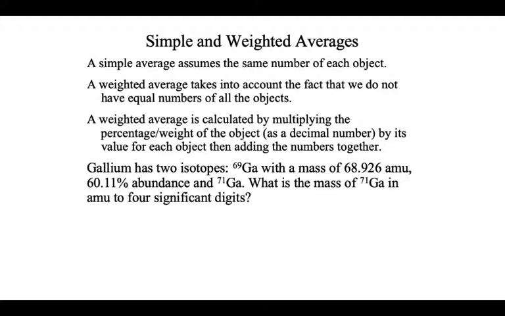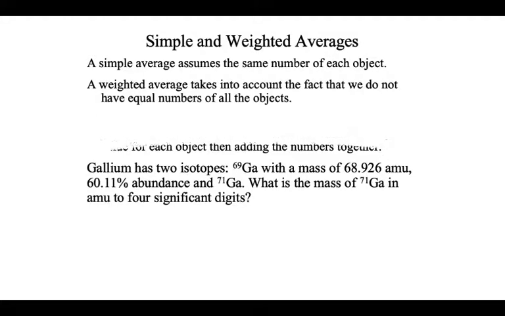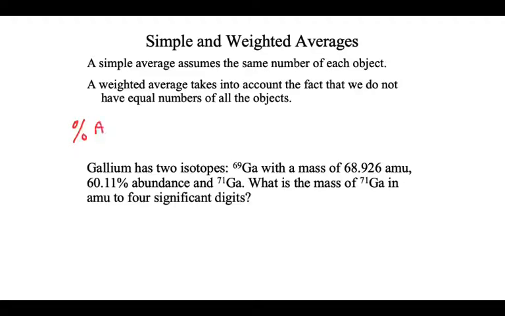Okay, so I want to rewrite that formula, because I think language can sometimes be confusing. We said the percent of our first isotope times the mass of that isotope, plus the percent of the next isotope times the mass of that isotope.